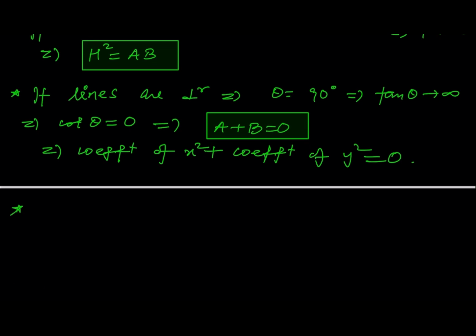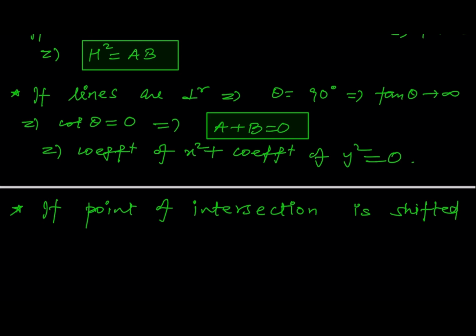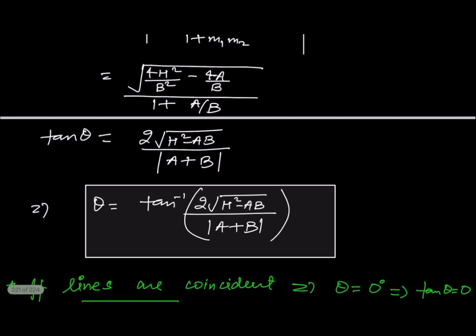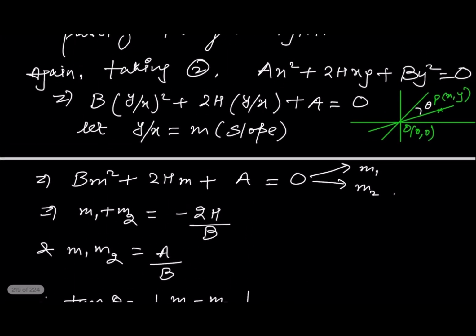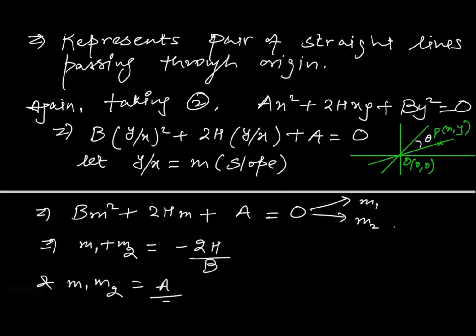And point number 3 is if the point of intersection is shifted from the origin to some alpha comma beta, because when we were finding the angle between two lines, the pair was taken at the origin, right?